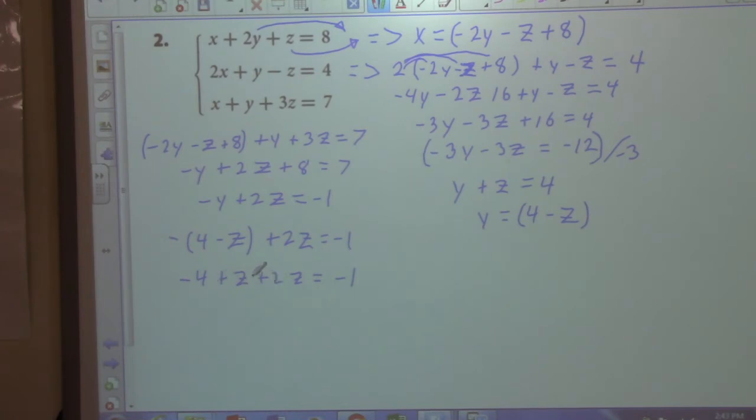So on the left, if we add, we get negative 4 plus 3z is equal to negative 1. And then if we add 4, we get 3z is equal to 3, and therefore z is equal to 1.